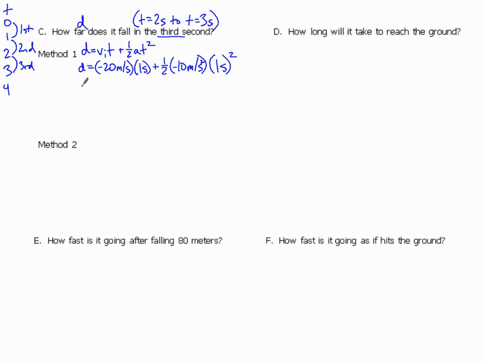So solving for this, we have distance equals, so this is negative 20 meters. Seconds cancels out here, and seconds squared cancels out here. So this gives us minus 5, let's keep it the same, plus negative 5, plus negative 5 meters.